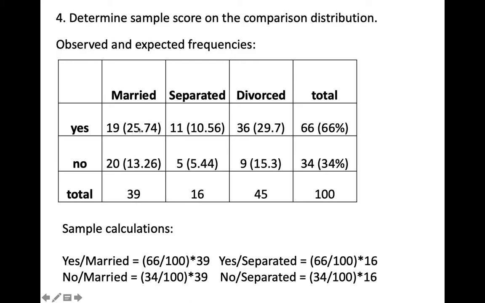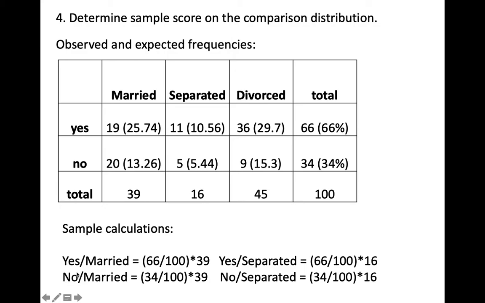That's going to give us our number here. And what is 34% of 39? That's going to give us our expected frequency here. The way to get there is to take 66 over 100, which gives you 66% or 0.66, then multiply 39 by 0.66, and that yields 25.74. So that's this calculation right here.